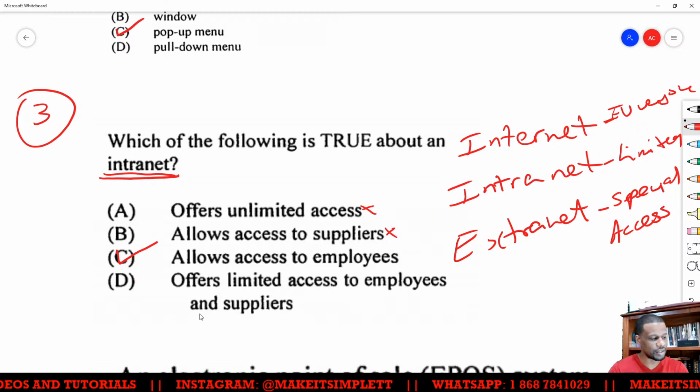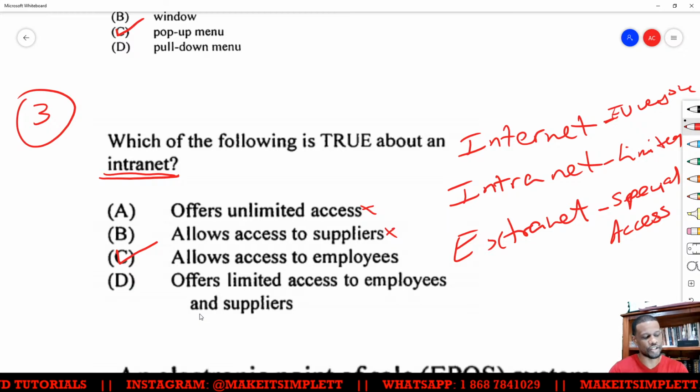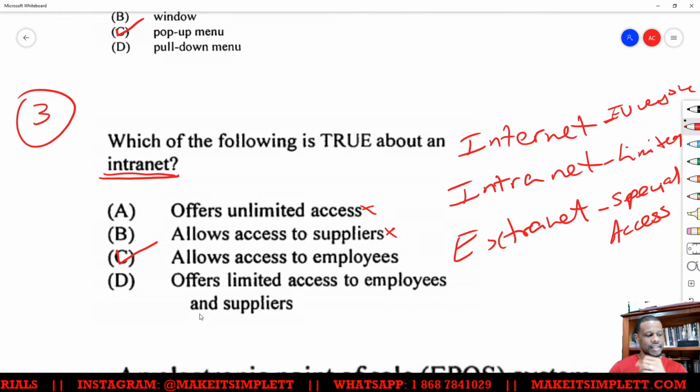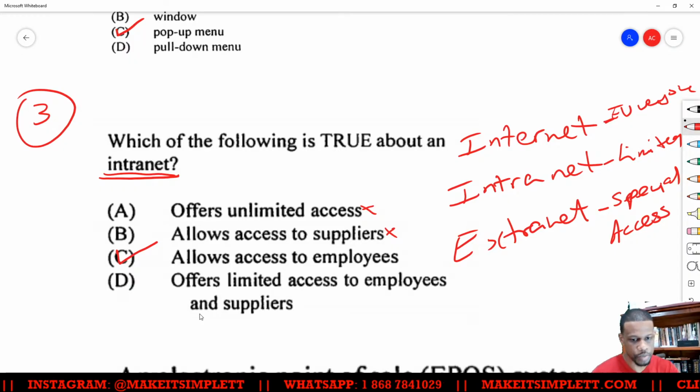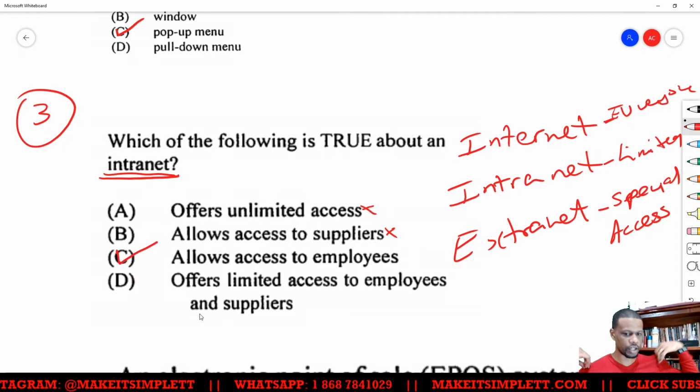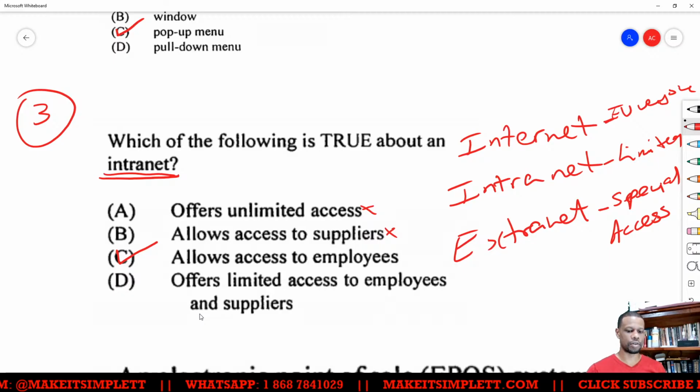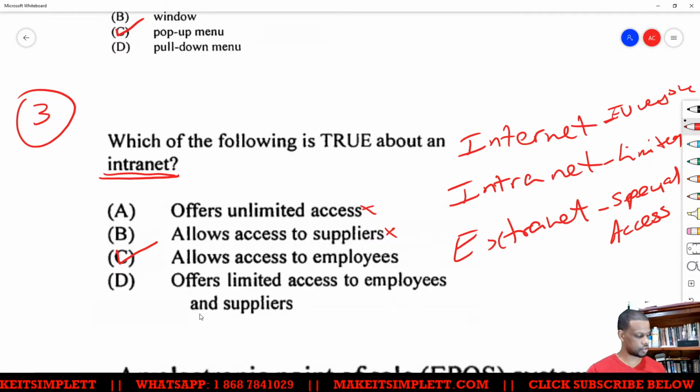Intra is limited to only a certain set of people, and extranet is people who have special access to the intranet. Always remember that, because I've seen people get that wrong plenty of times.